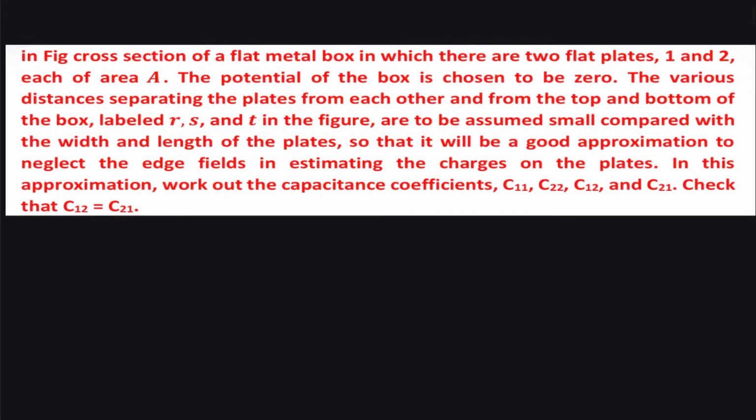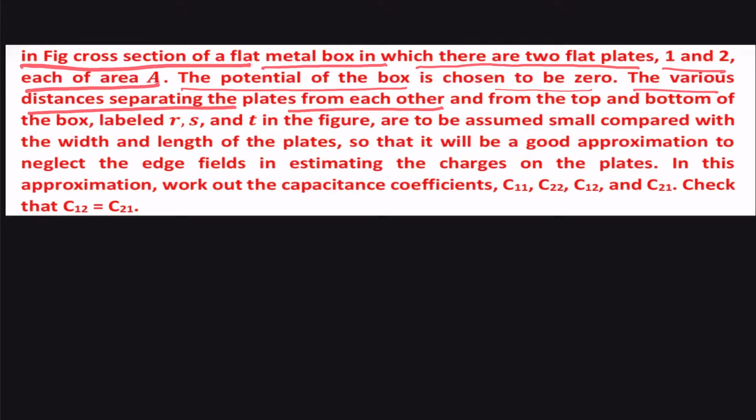is given in the figure cross section a flat metal box in which there are two flat plates 1 and 2 each of area A. The potential of the box is chosen to be 0. The various distances separating the plates from each other from the top and the bottom box are labeled as R, S and T in the figure are to be assumed small compared to the width and the length of the plates.